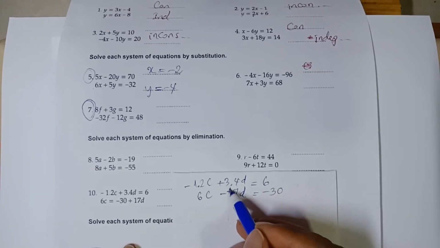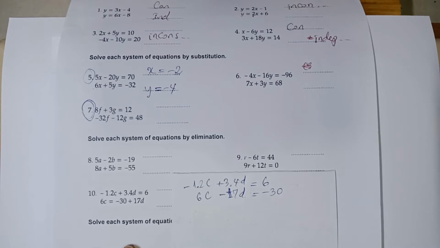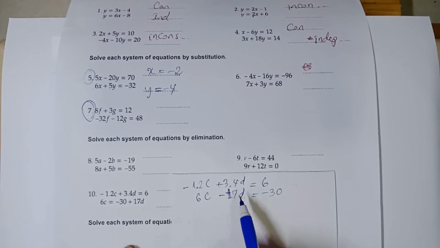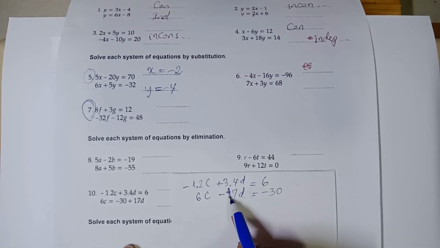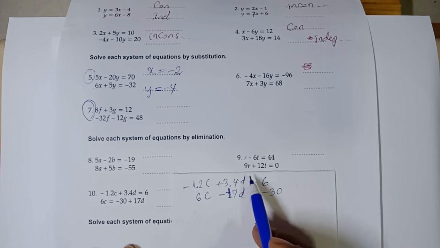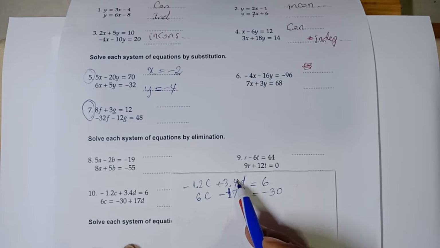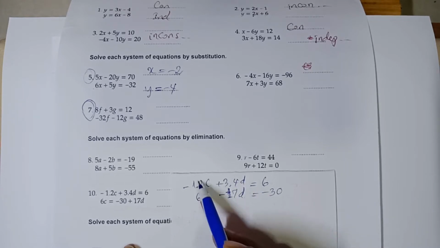Now to eliminate, if you want to eliminate D, make sure they have the same coefficient. If you want to eliminate C, make sure they have the same coefficient. So this time you need to multiply first so that they will become the same coefficient.